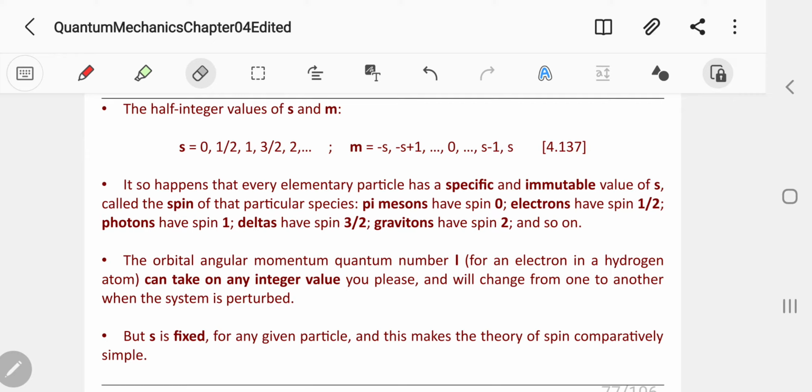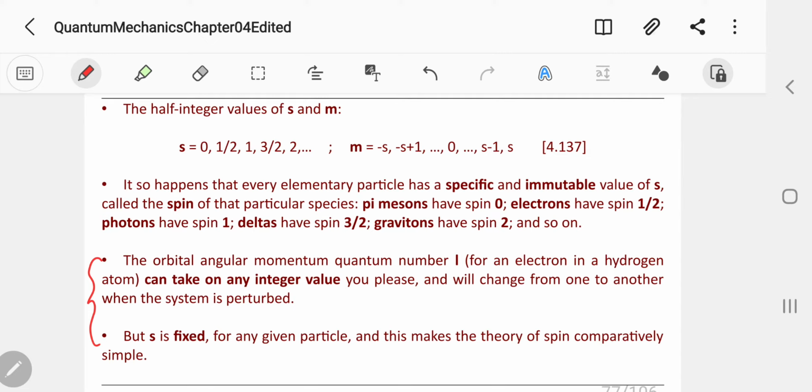So this is one difference between L and S. But looking at the formula, it's the same for L and S.